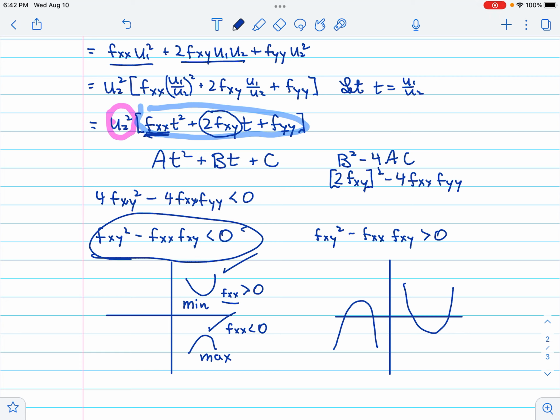It could be positive or it could be negative. It's not a clear-cut case like the first one. In other words, it looks like it depends on the path you take.